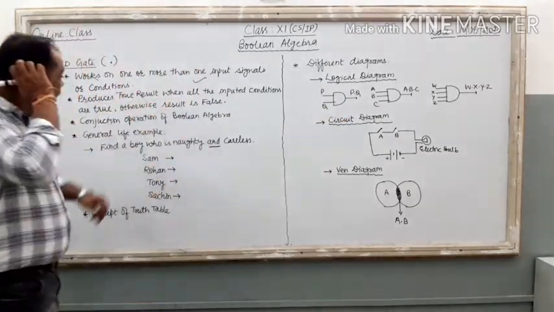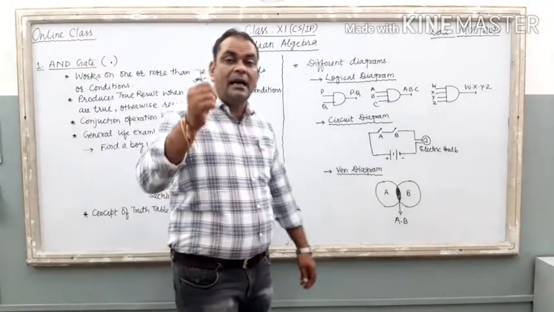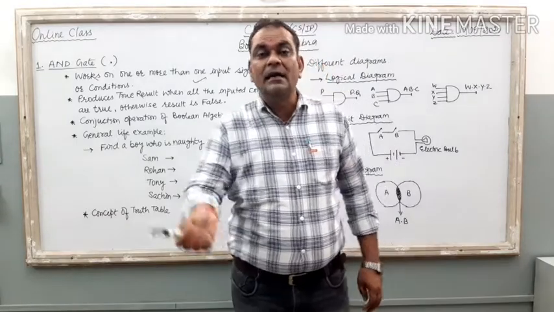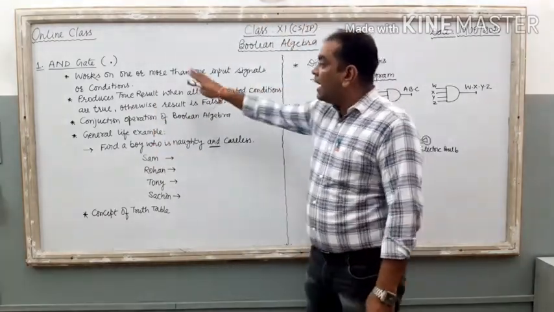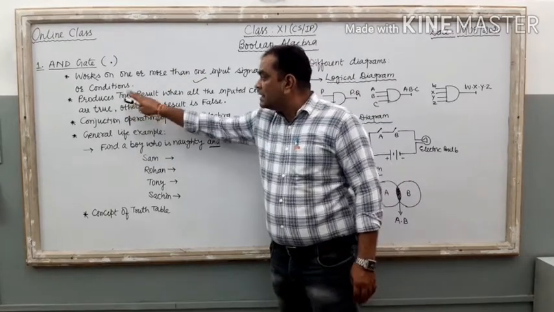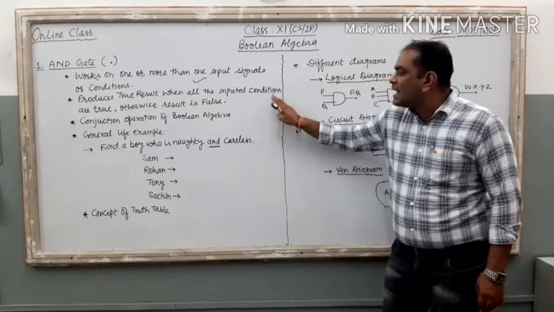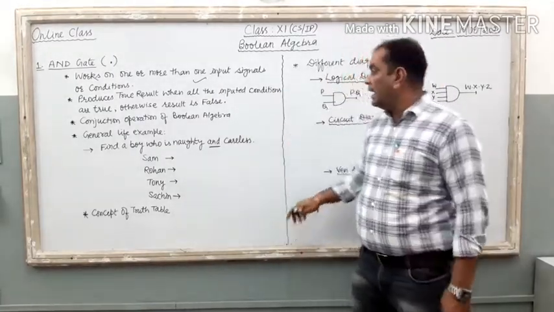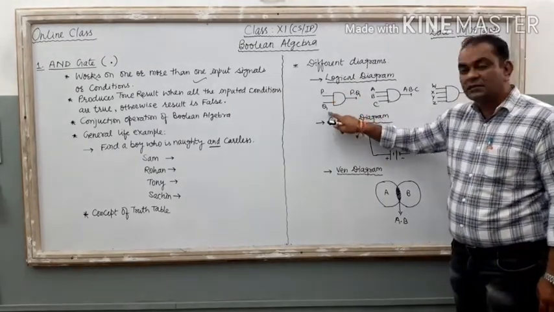Now, it produces a true result. First, each and every gate works on true and false only. It produces the result either in true or in false only. So the AND gate produces a true result when all the input conditions or signals are true. Just see this AND gate: 2 input signals, input conditions, are there.